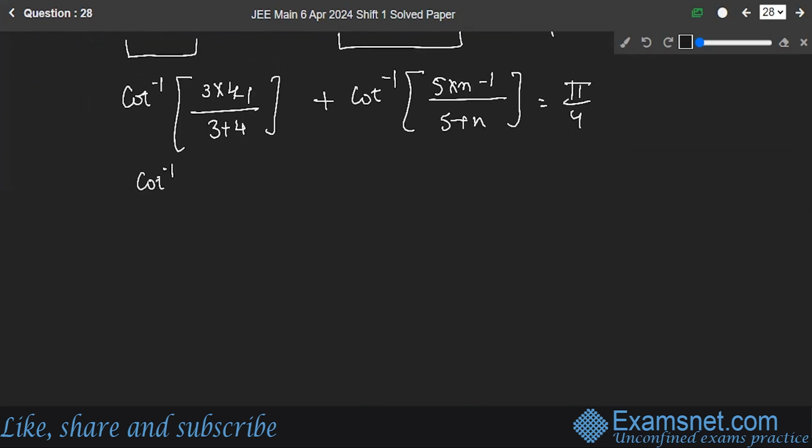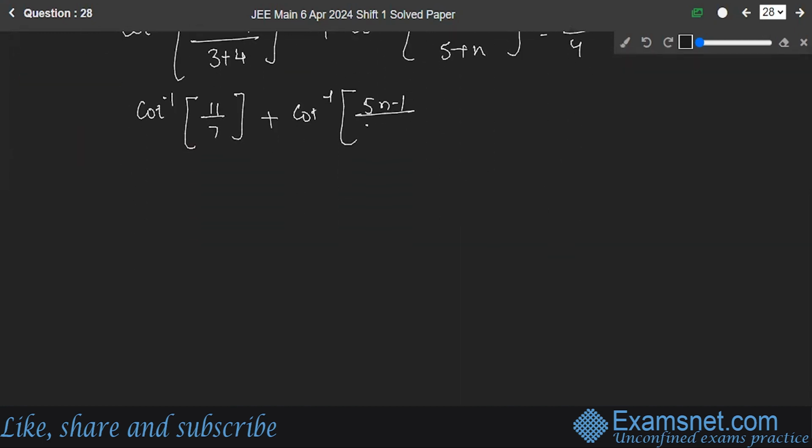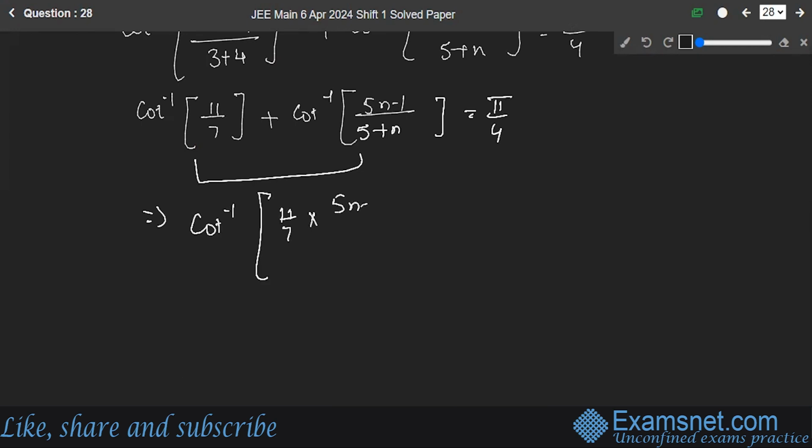So you have cotangent inverse 11 upon 7 plus cotangent inverse (5n minus 1) upon (5 plus n) is equal to pi by 4. Now let's add both of them. You have cotangent inverse of (11 into (5n minus 1) upon (7 into (5 plus n)) minus 1) upon (11 by 7 plus this divided by this).